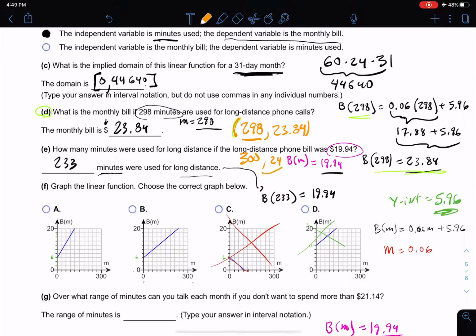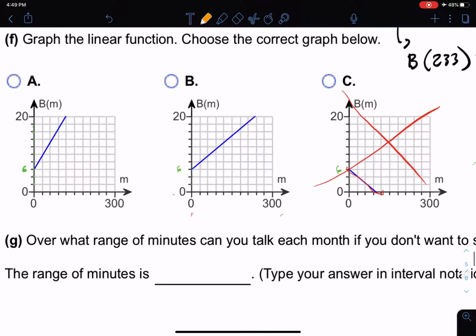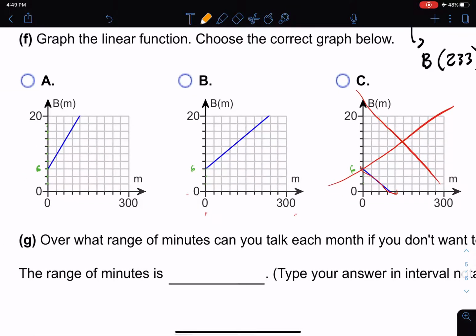So I'm going to use these two numbers, 300, 24. So let's zoom in. Let's look at this one first of all. 300 is right here. This goes by 2s, doesn't it? So 20, 22, 24. So if I were to come across here, this is kind of a pain, and come up here, that is definitely far, far away from the line, right?